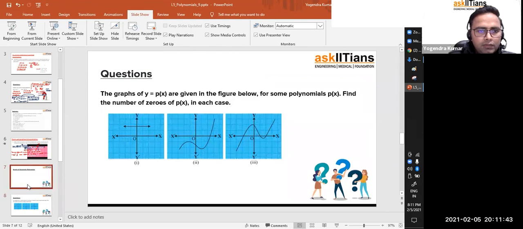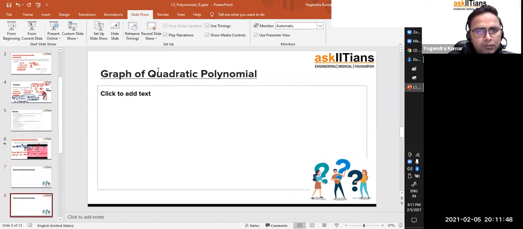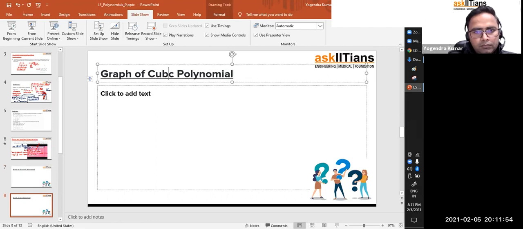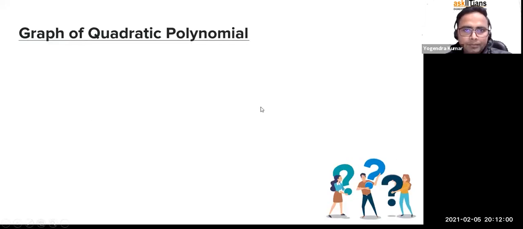And I want to have the graph of cubic polynomial also, right? These two things I want to make you understand. So linear we have seen, right? Now we want to see the graph of quadratic polynomial.